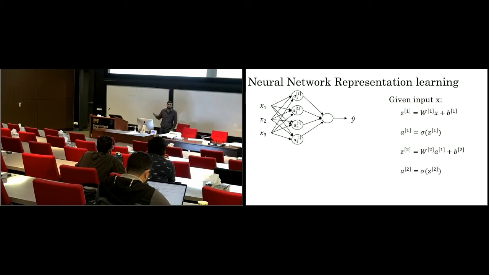If you have n layers, you do it n times, but nothing complex. Basically, every time you're taking a vector, you're multiplying it with the matrix, and you're doing some element-wise operation on that.